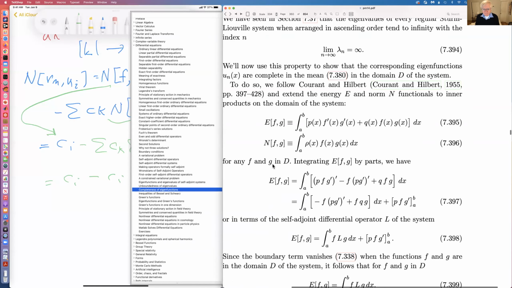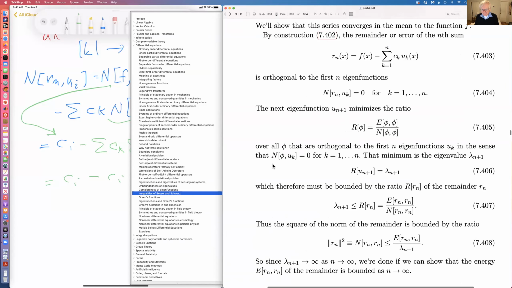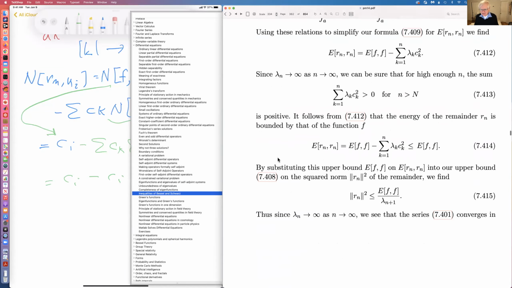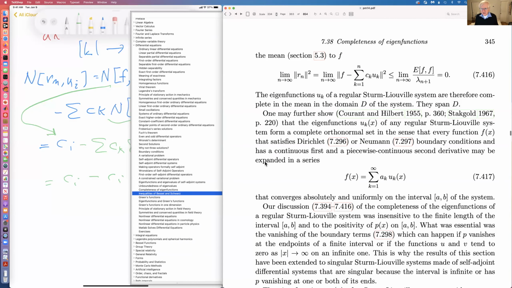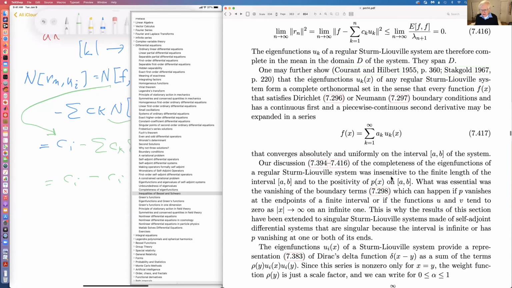So there are a lot of details. I think they're all done in the book carefully. So basically, one can expand arbitrary functions in terms of these SL eigenfunctions.